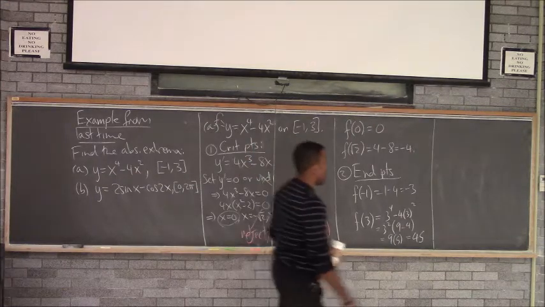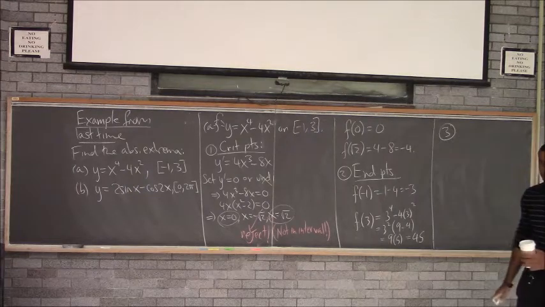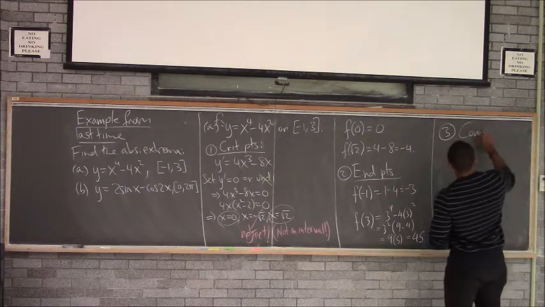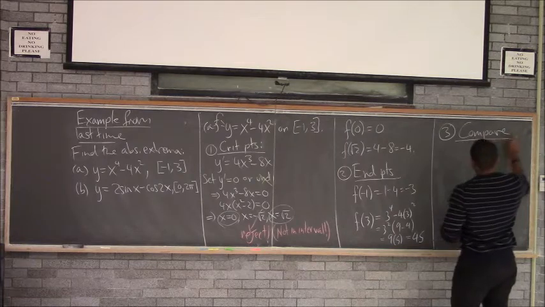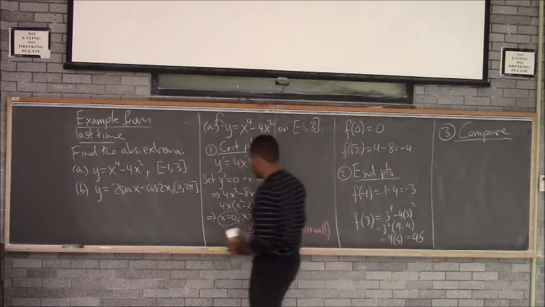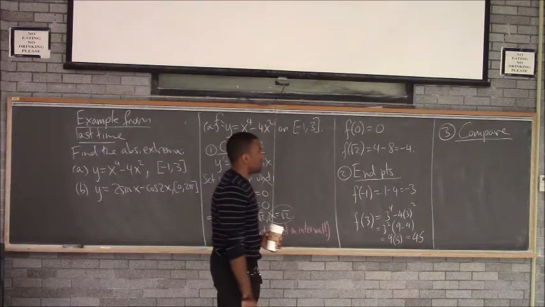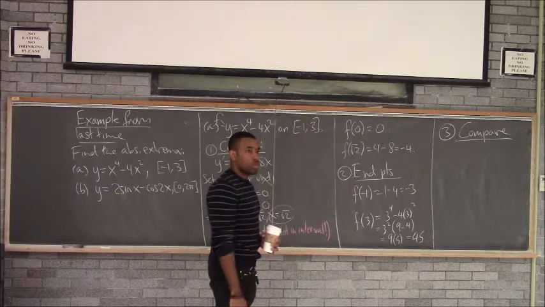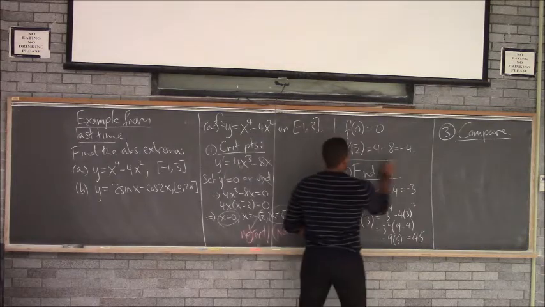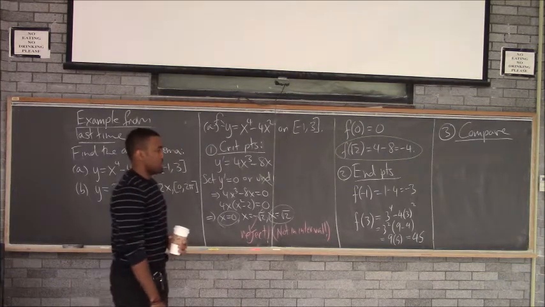Okay. What is the third step in the closed interval method? Compare. Of all the y values I found, I want to identify the largest and the smallest in this situation. Radical 2 gave me the smallest. Largest?